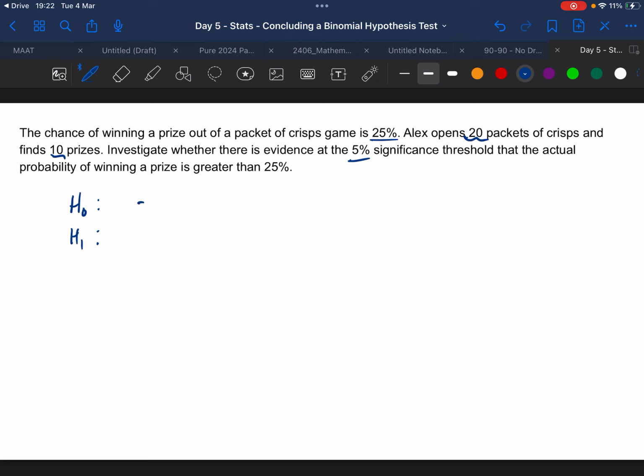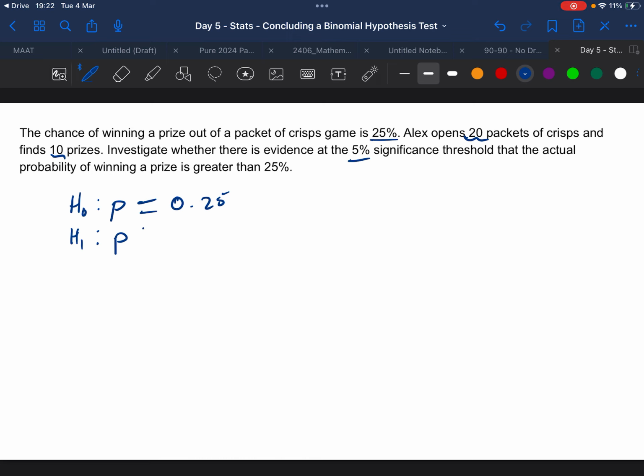The first one, H0, is going to be probability is equal to 0.25. This is the default position, what we expect to believe, what's generally accepted.